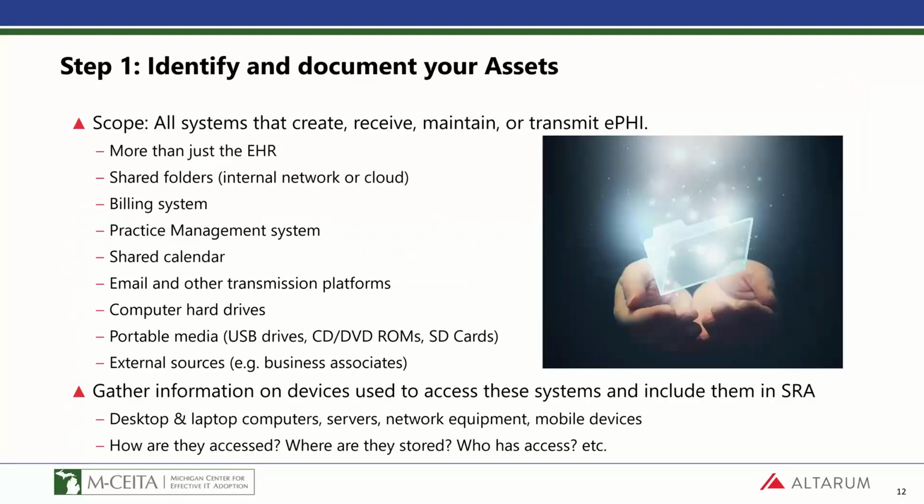So let's dive into each of these steps. Step one, identify and document your assets to attain that comprehensive scope. That means all systems that create, receive, maintain, or transmit EPHI. And I've repeated myself on that a few times because it's really important and is often overlooked.